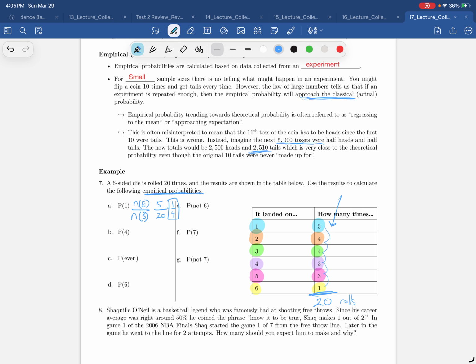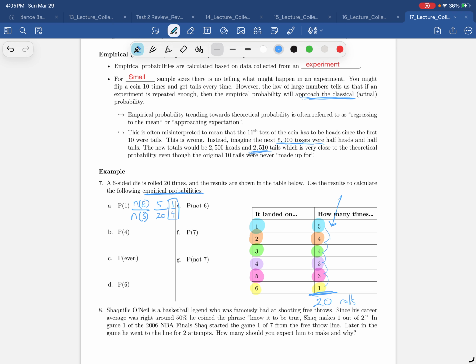The probability of rolling a 4, we rolled a 4 3 times, so that would be 3 out of 20. That doesn't reduce down, but if you wanted to write that as a decimal or a percent, it would be 0.15 or 15%.